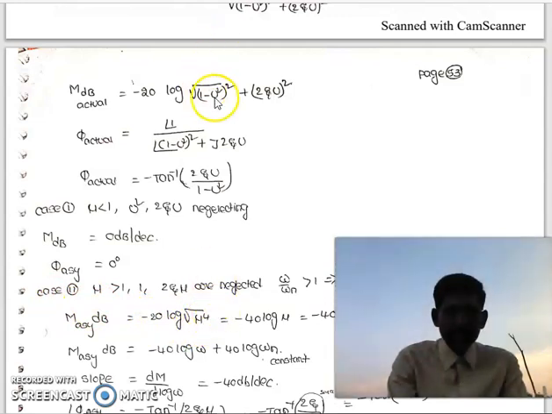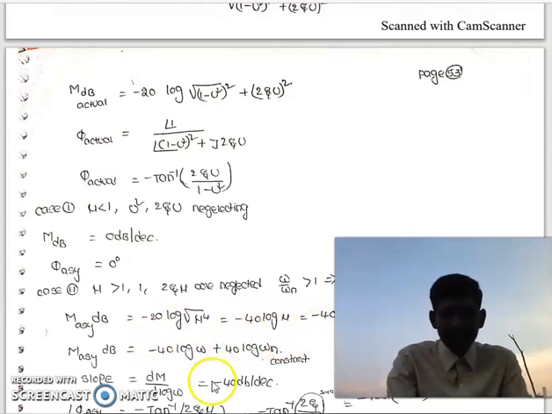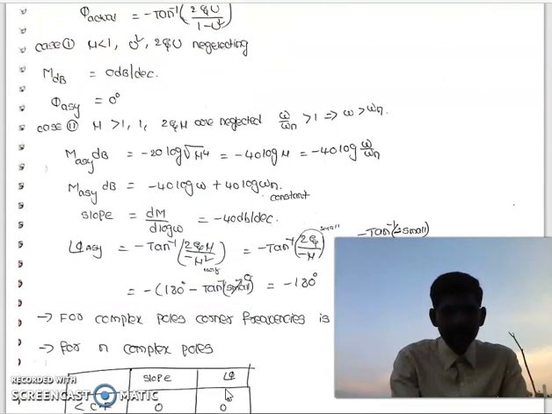Since 1 can be neglected, u square into u square is u power 4, so minus 40 log of omega by omega n. This can be written as minus 40 log of omega. Expand this, log a by b equal to log a minus log b. So slope equal to change in magnitude divided by change in log omega, that is minus 40 dB per decade.